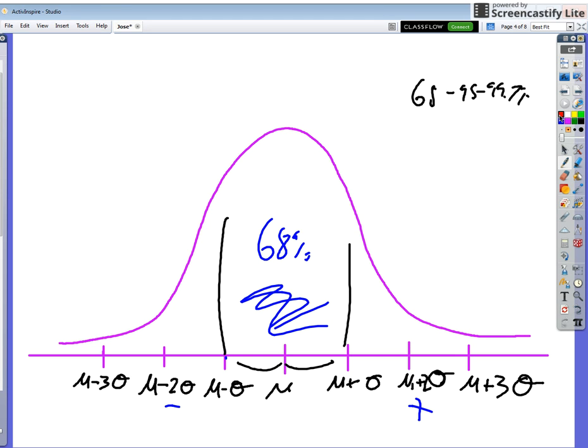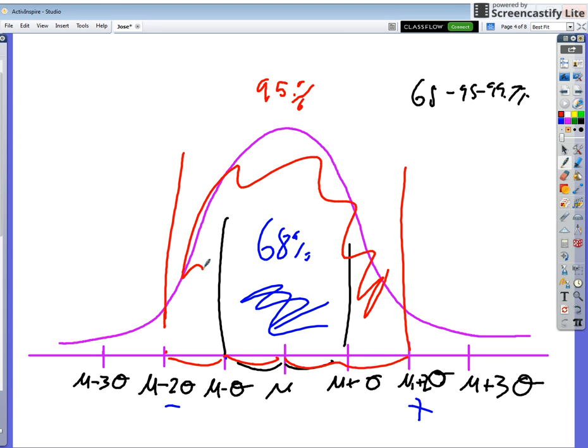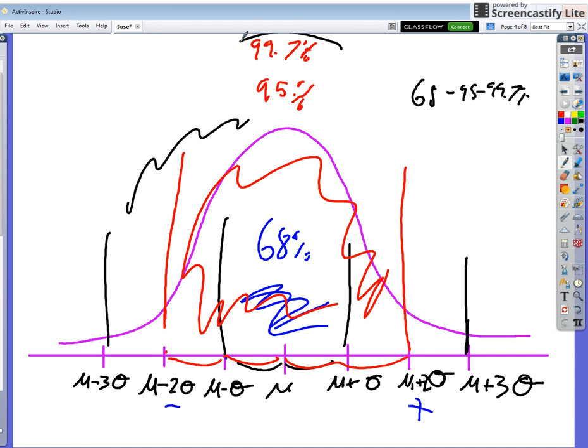Within the second standard deviation, 1, 2, we have 95% of our data, which also includes the 68%. And ultimately, within three standard deviations, from here to here, we would encompass 99.7% of our data.